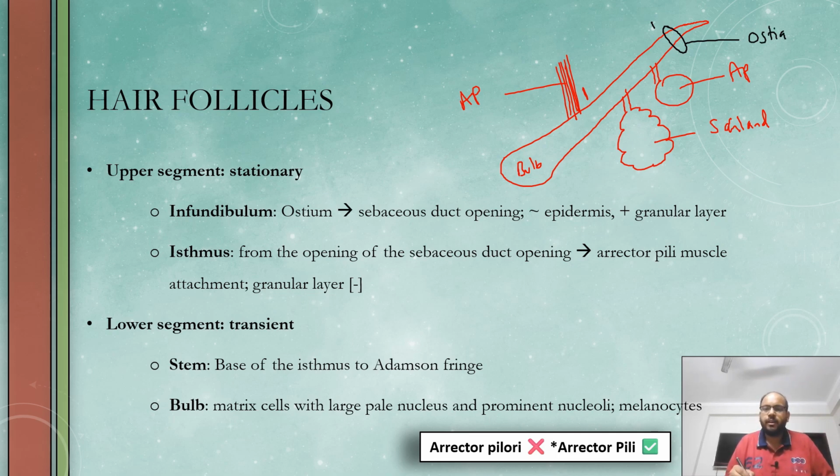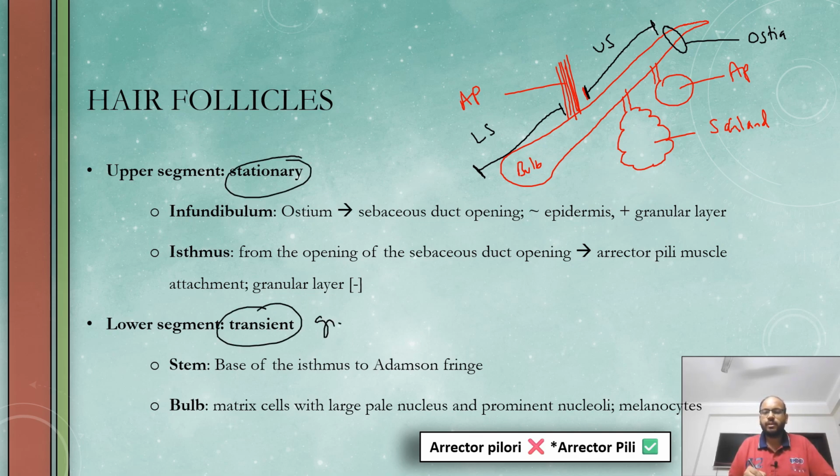From the attachment of the erector pili to the ostia is the upper segment. From the erector pili to the root of the shaft is the lower segment. The upper segment is stationary, that means it stays as it is, while the lower segment is transient and is seen during the growth phase. So when the hair enters the catagen phase, the lower segment is lost.